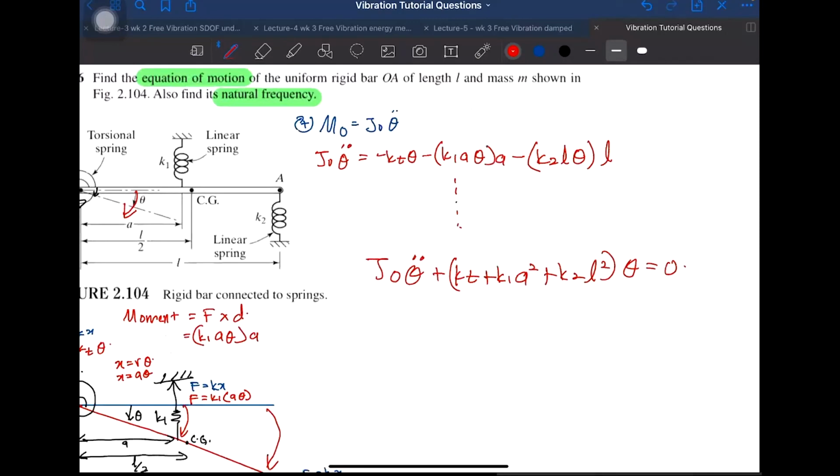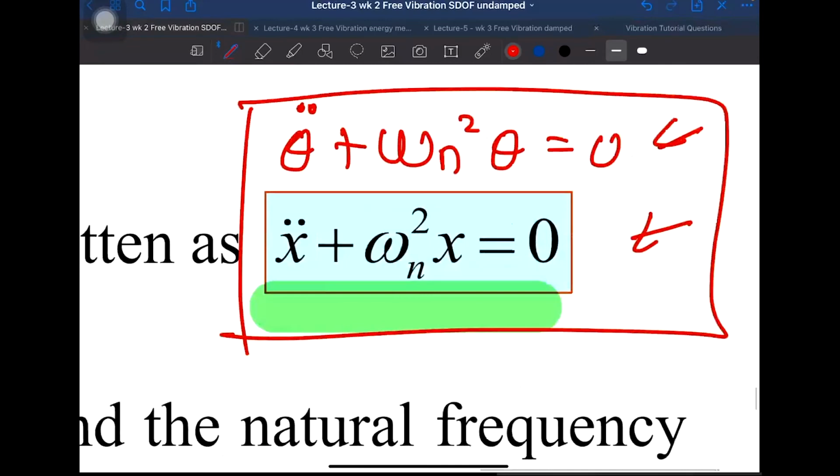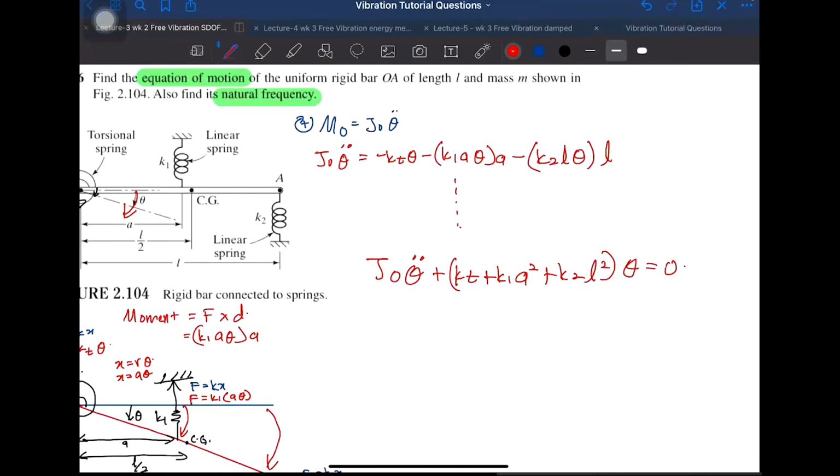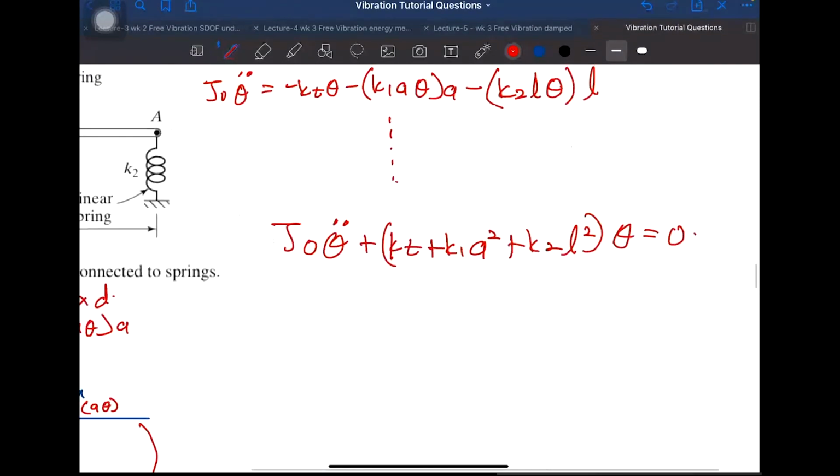Why do I do this? Because I want to make it like this: EOM needs to be equal to 0. So I bring everything to the left side. Now I already got my answer in terms of M. No, not yet, it is still not in terms of M because your theta double dot has J naught in front of it.